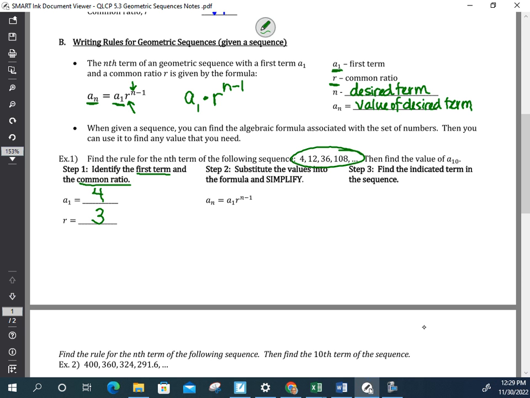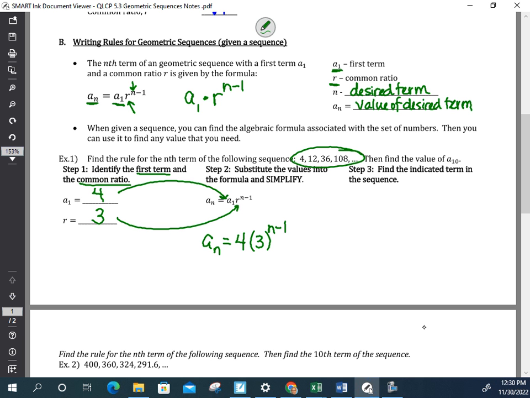That's step 1. Step 2, take the first term and plug it in for a1, and take the r value and plug it in for r. So a sub n equals 4 times 3 to the n minus 1 power.